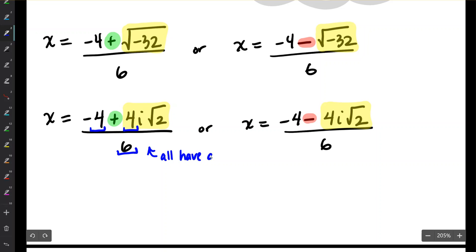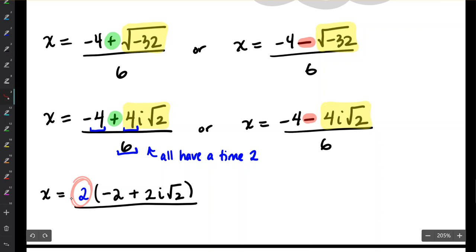They all have a times 2 in them. So I want to factor that out and acknowledge that secret times 1. Right? 2 times a minus 2 would give me minus 4, plus 2 times a 2i square root of 2.